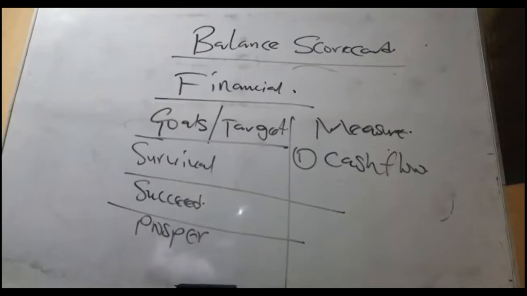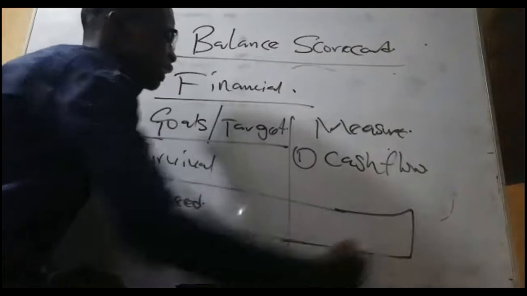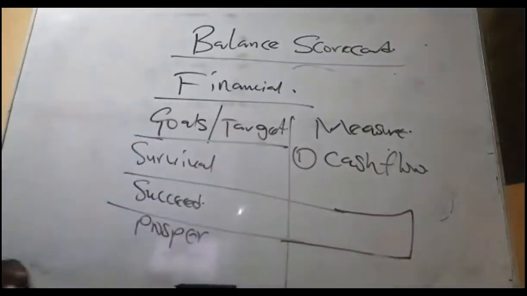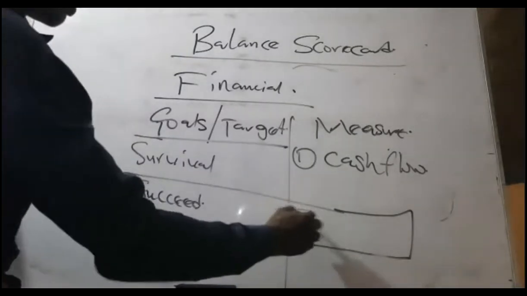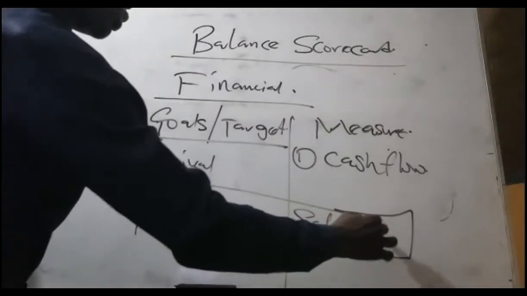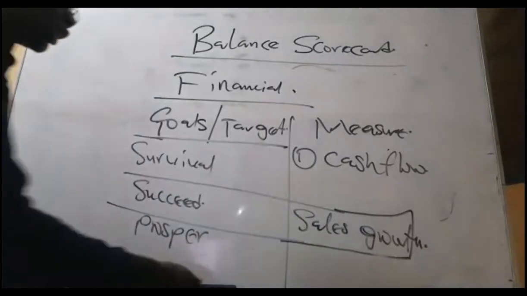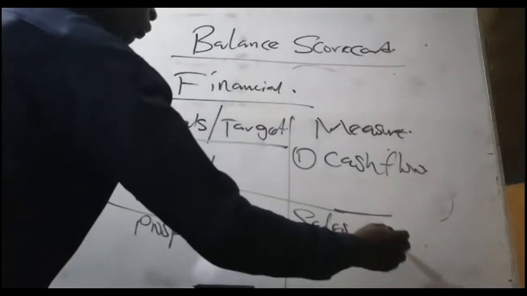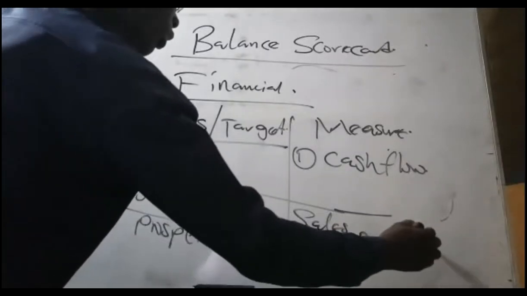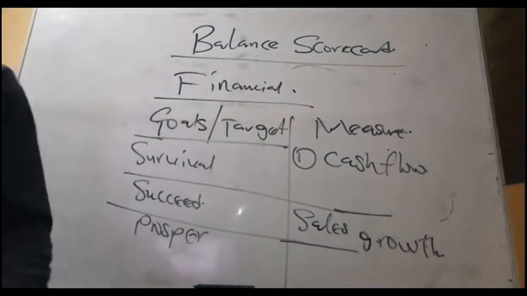Then let's go to succeed. What measures are you going to set for succeed? You can talk about sales growth. Or you can also talk about your operating income.